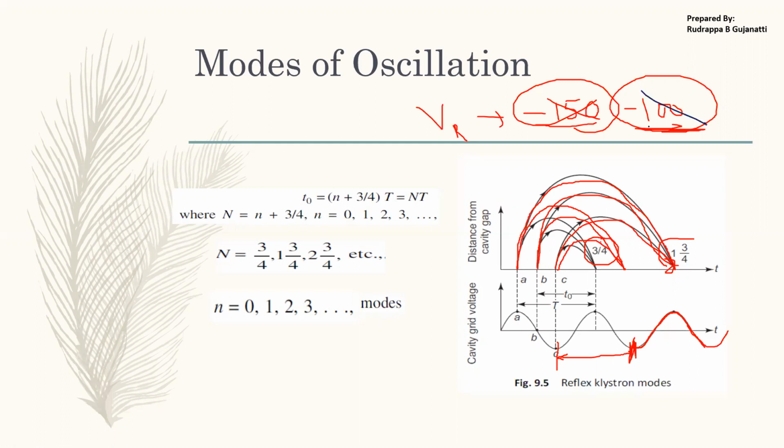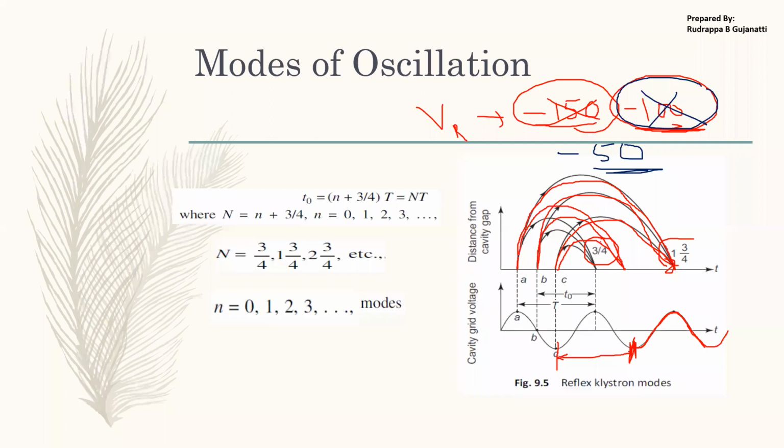Now say I'll make it still more positive. Say I'll make it minus 50 volt. Since it is highly positive compared to the minus 100 volt, the electron will traverse a longer distance in the cavity, in the repeller space.